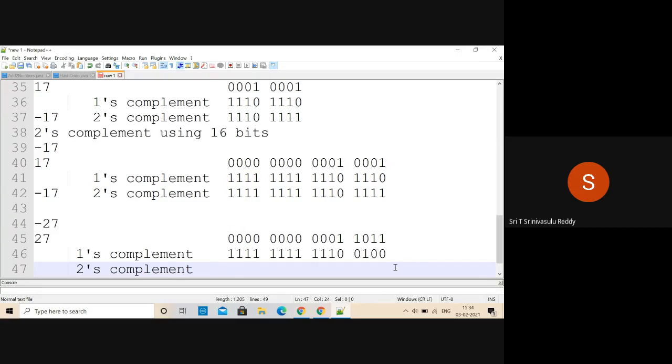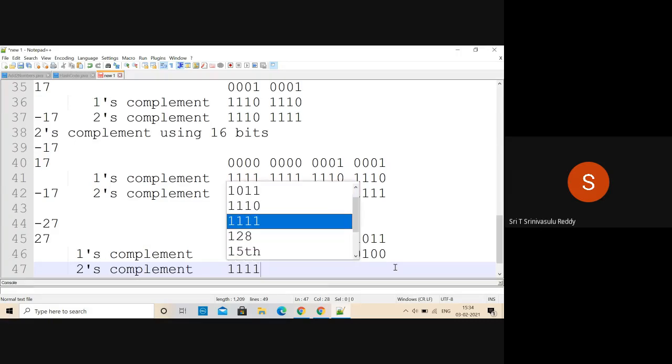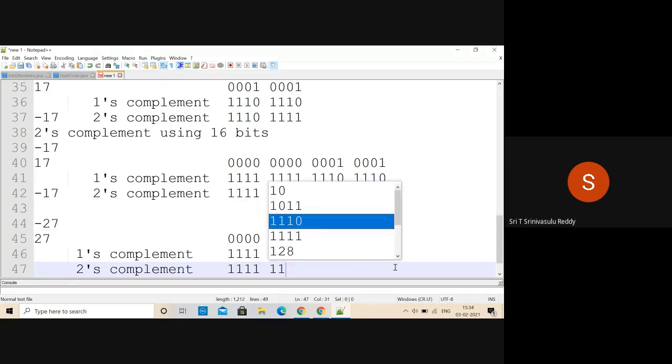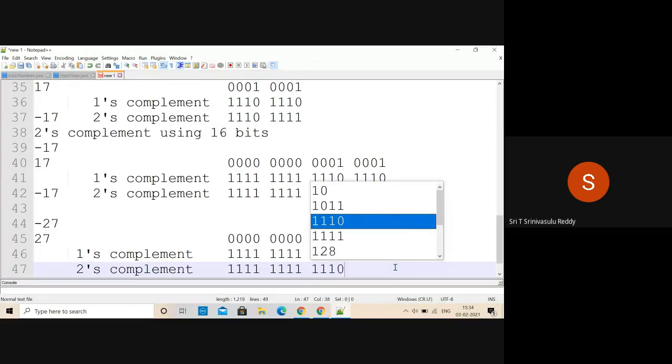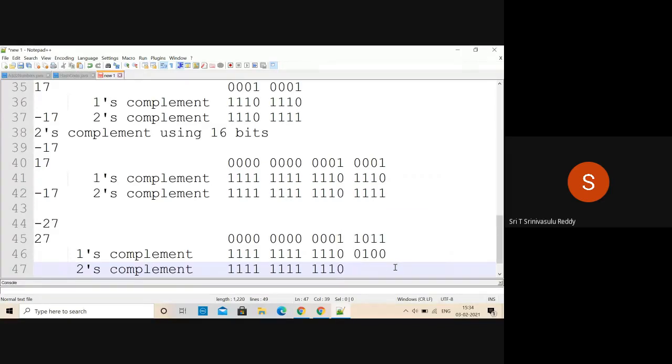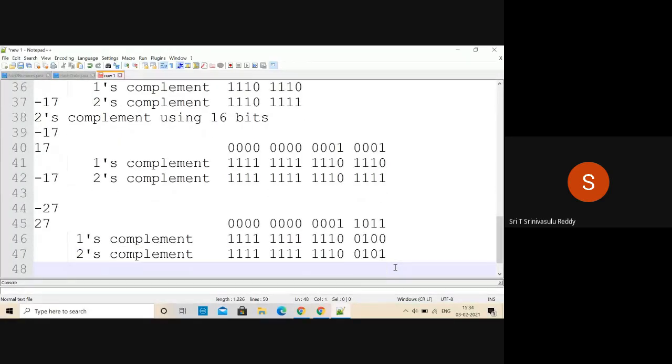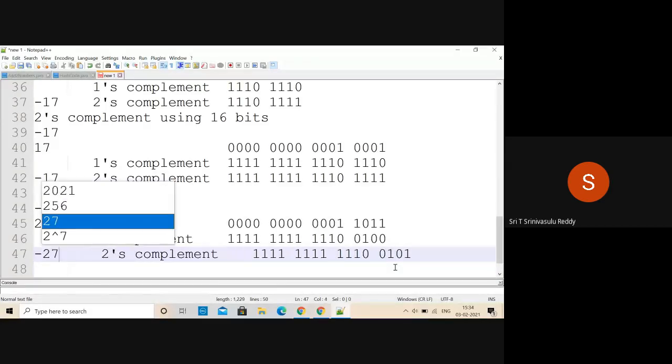Add 1 to this. Naturally, this is going to be this. Adding 1 to that is nothing but 0, 1, 0, 1, 0, 1, 0, 1. So this is how minus 27 is represented.